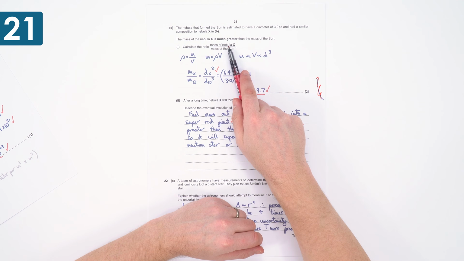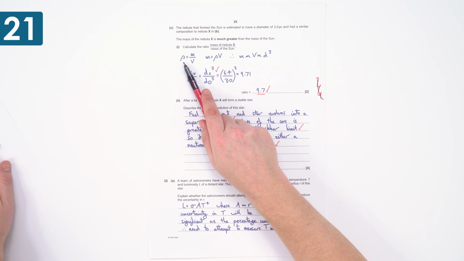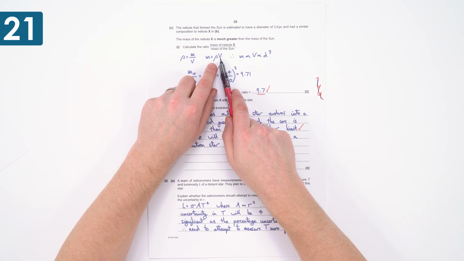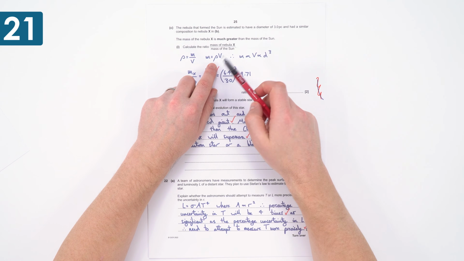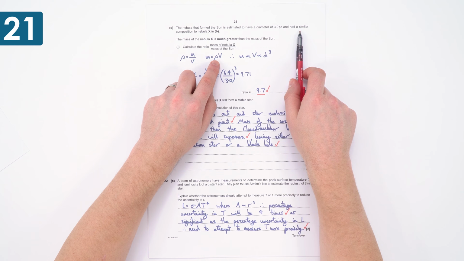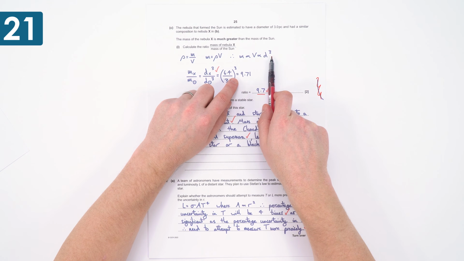Calculate the ratio of the mass of the nebula to the mass of the Sun. Now, the density is equal to the mass over volume, so the mass is equal to the density times the volume. And if we're going to assume that it's got a similar composition, it's going to have a similar density, so the mass will be proportional to the volume, which will be proportional to d cubed.